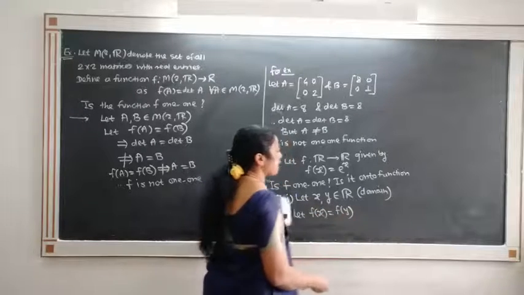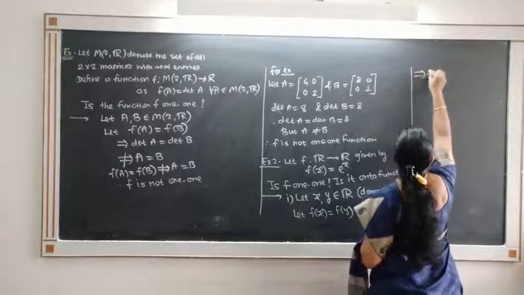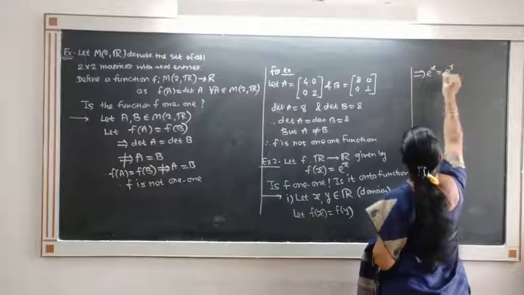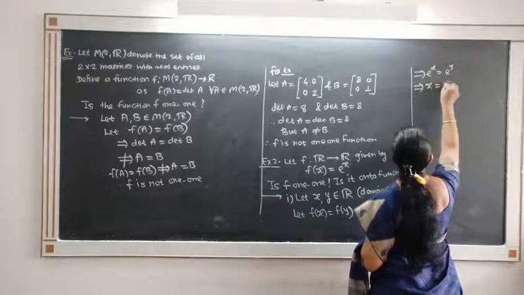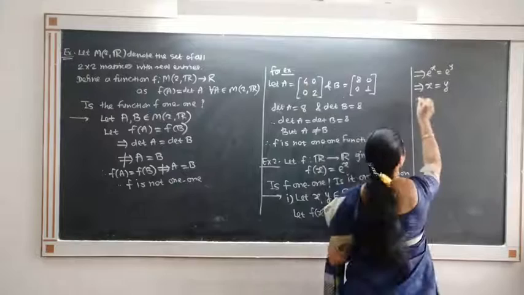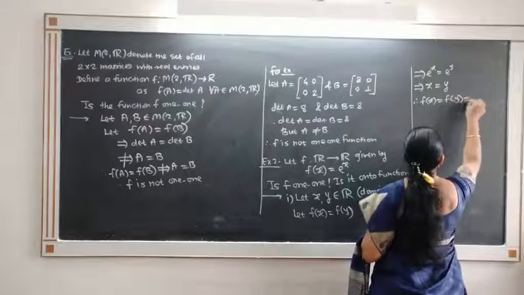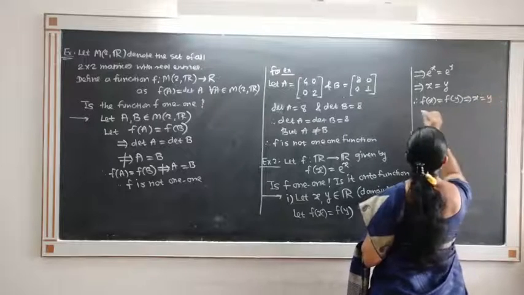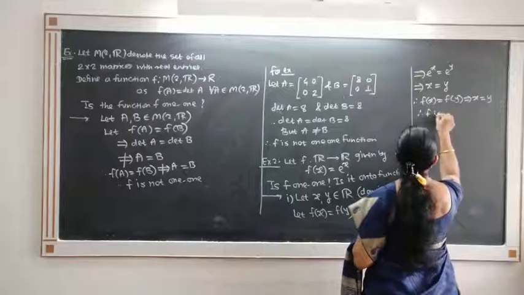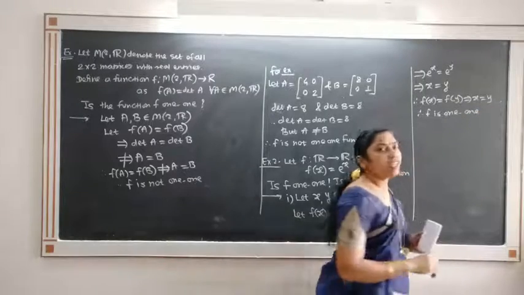This implies that e raised to x is equal to e raised to y, and this implies that x is equal to y. And therefore, f of x is equal to f of y implies that x is equal to y. Therefore, f is one-one.